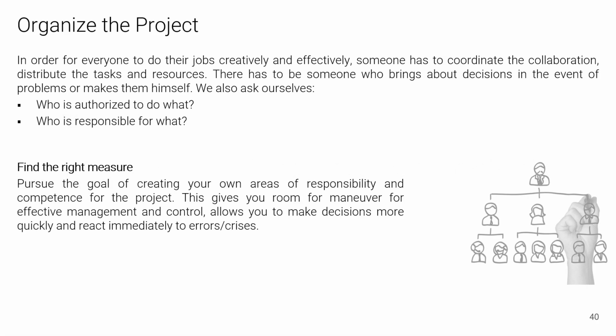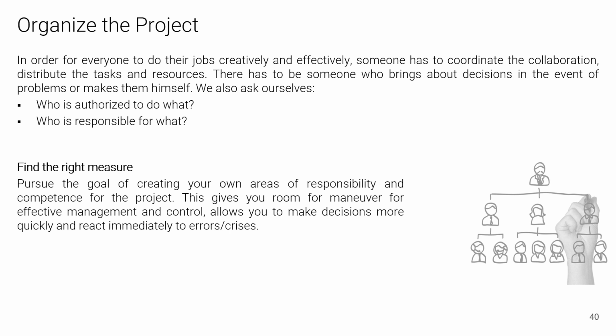Next, we need to ask ourselves how we want to organize the project, because everyone wants to complete their tasks as effectively as possible. To do this, we also need to know who is authorized to do what and who is responsible for what. We also need to find the right balance in the team for your use of digital tools.